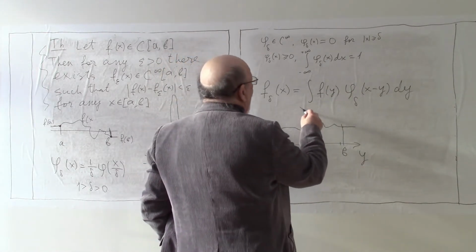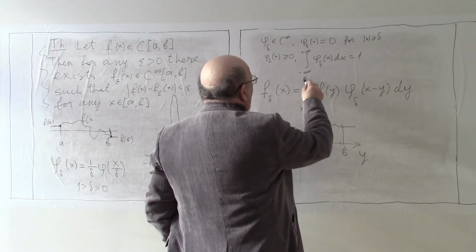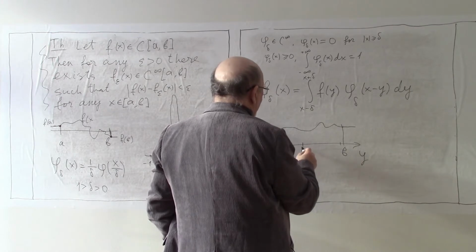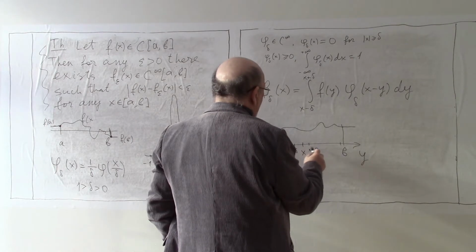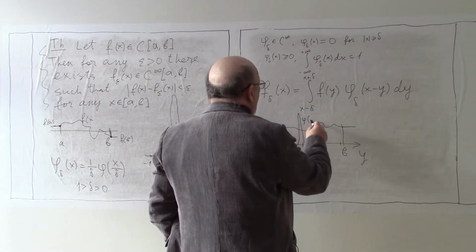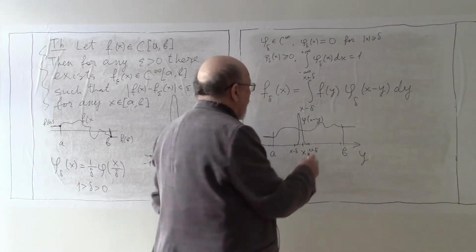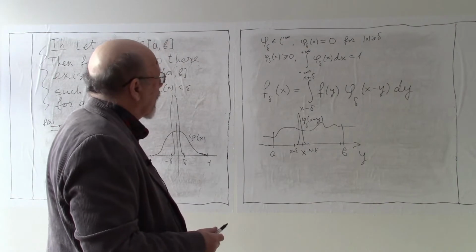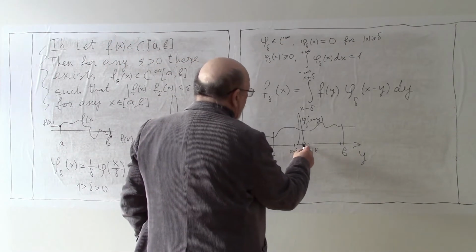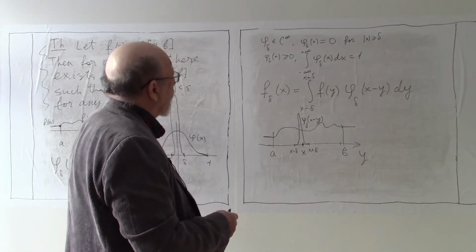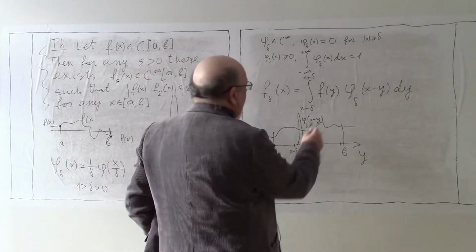So it is from x minus delta to x plus delta. So we consider the point x here, x minus delta, x plus delta, and here is the graph of the function phi delta of x minus y. And we just define the function f delta as this integral.